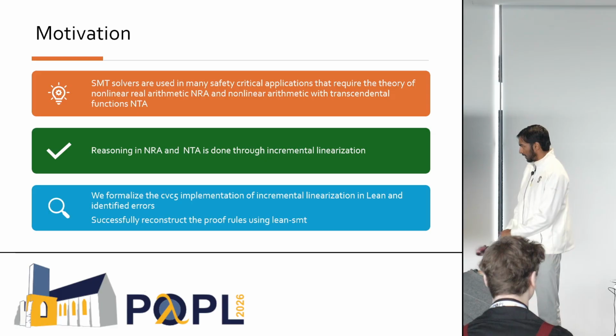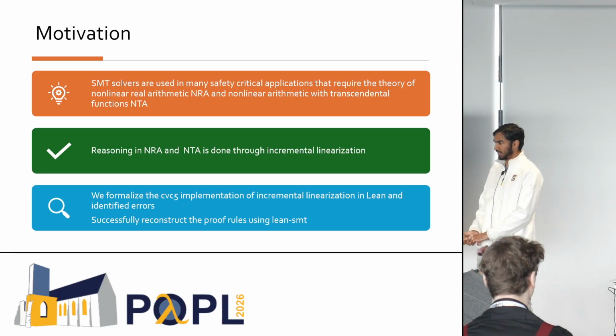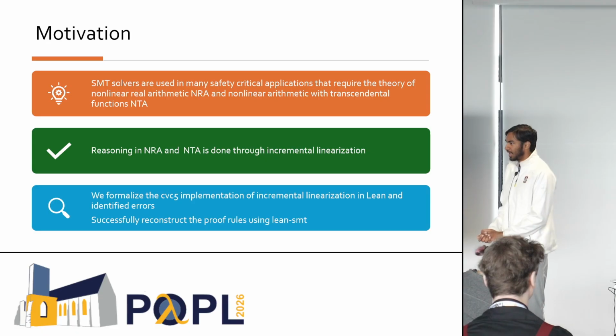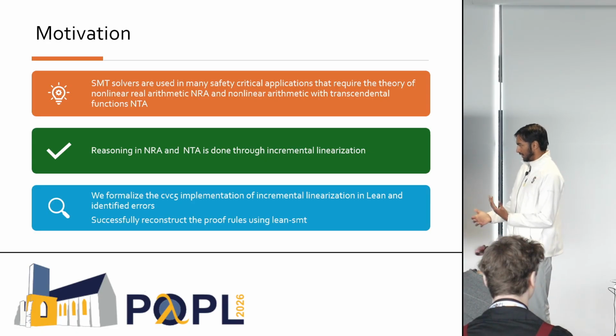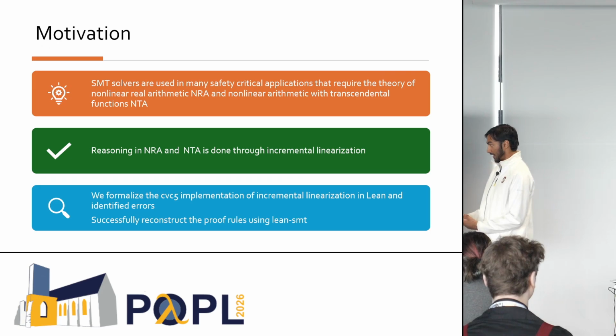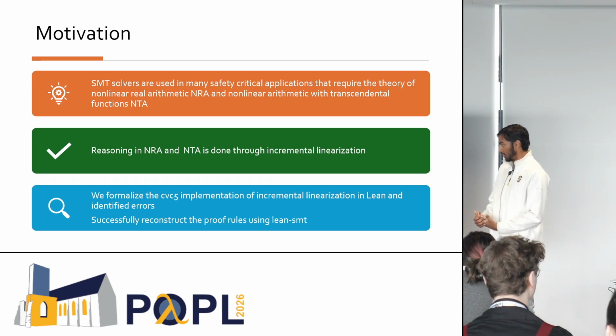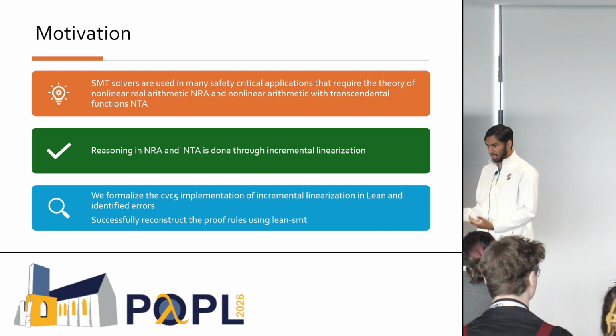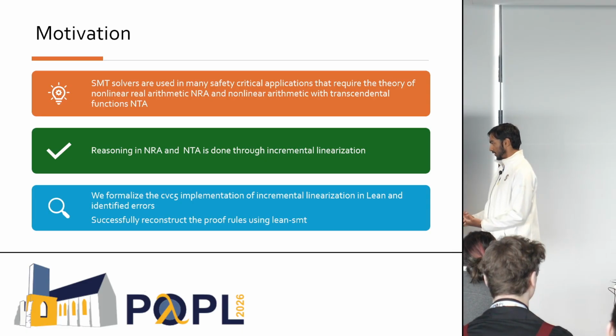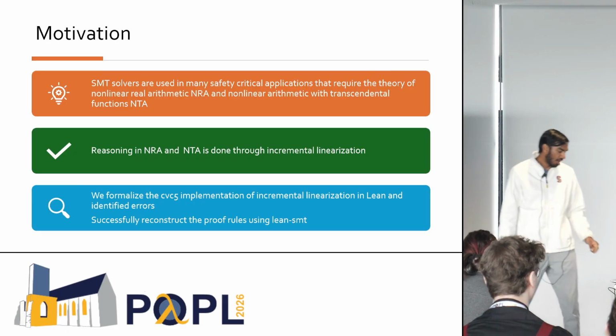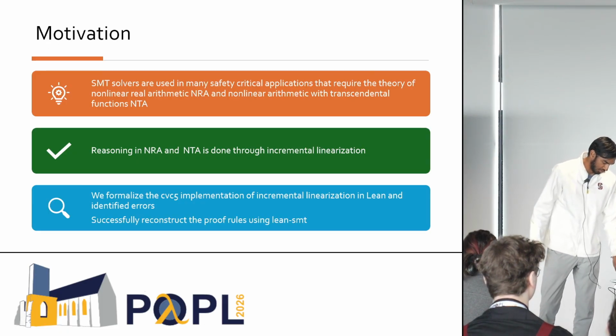In the process, we identified errors and missing hypotheses in the documentation, as well as mismatches between the documentation and the CPP'26 code base. In addition, we also successfully reconstruct these proof rules using the Lean SMT tactic. So that's our contribution.